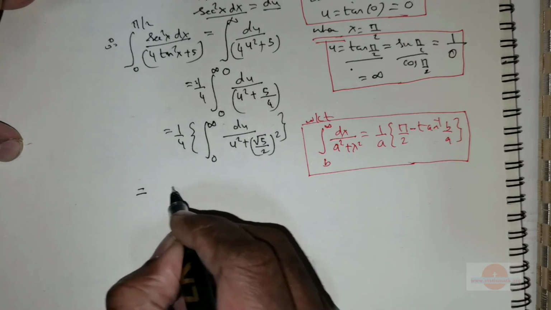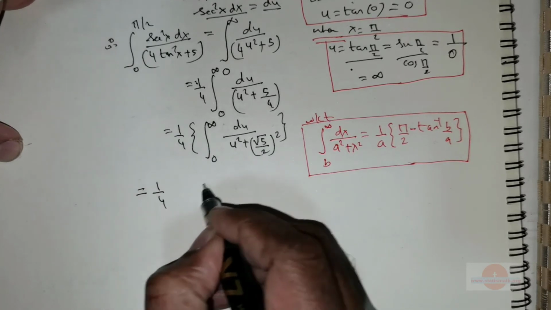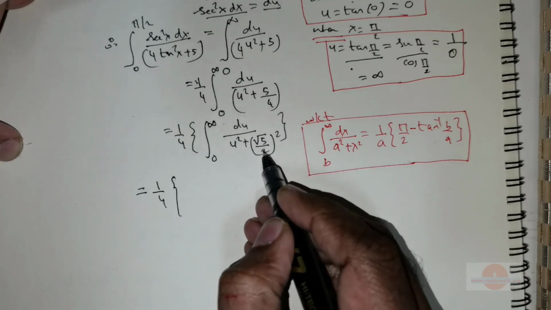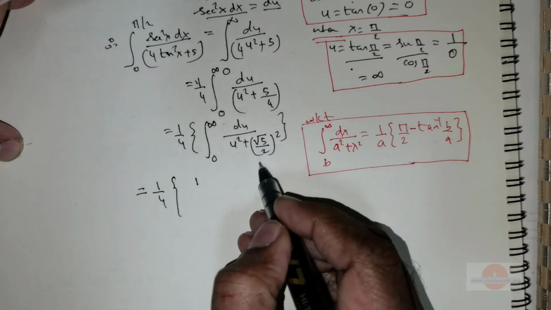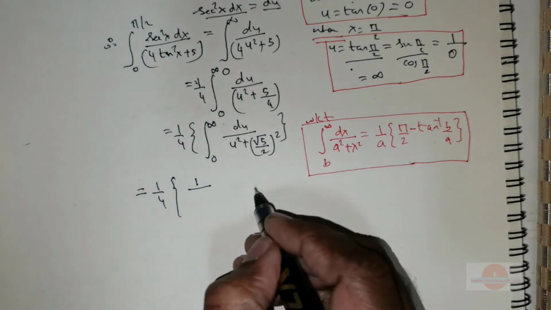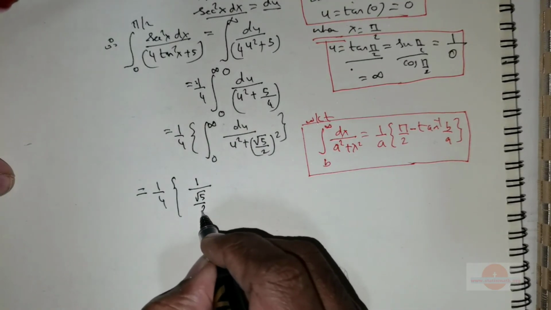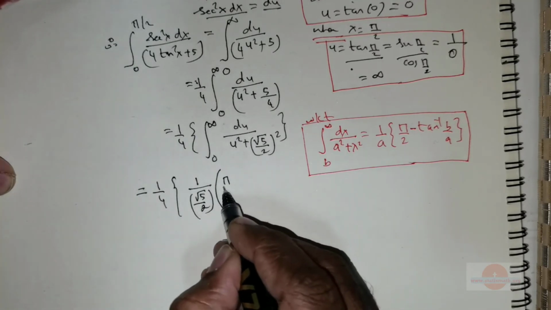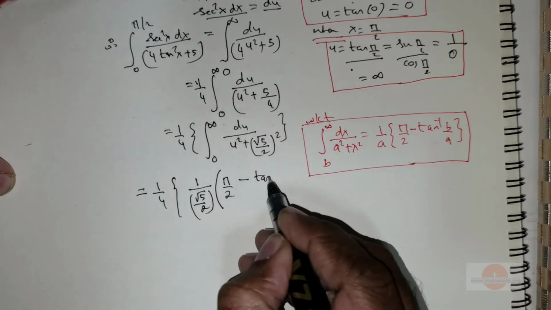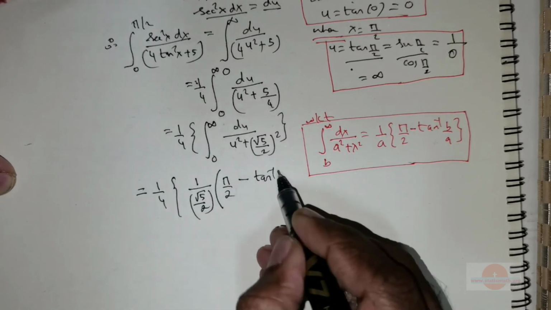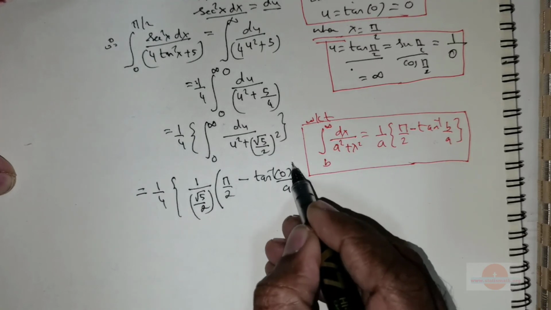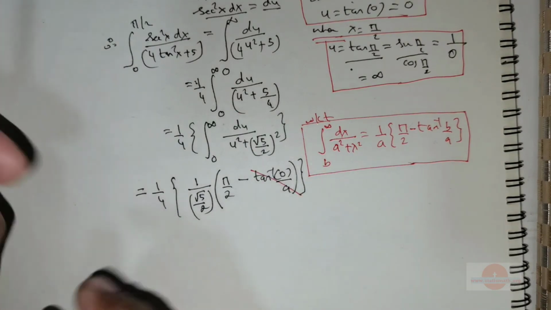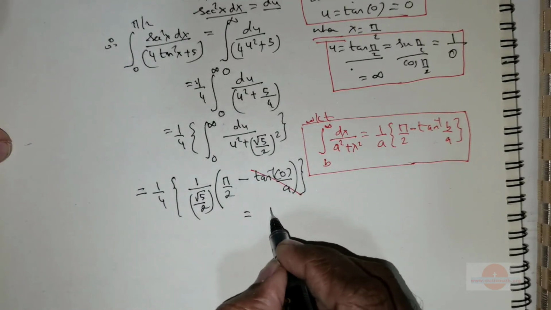This is going to be equal to 1 over 4. In the place of a I have got root 5 over 2. So this is going to be 1 divided by root 5 over 2, times, I can open a parenthesis, pi over 2 minus tan inverse of, in the place of b you got 0, so it's going to be 0 divided by a. Now tan inverse of 0 will get cancelled.